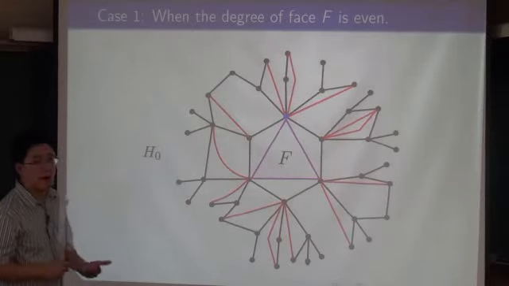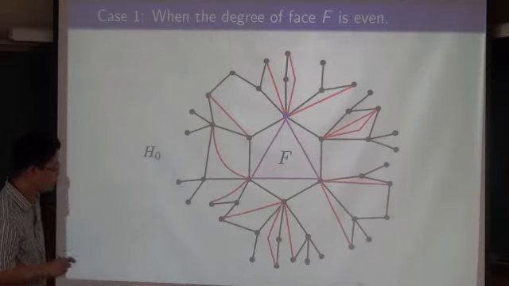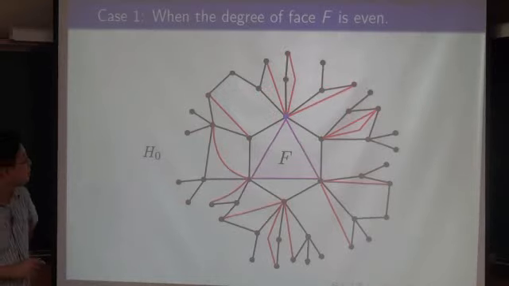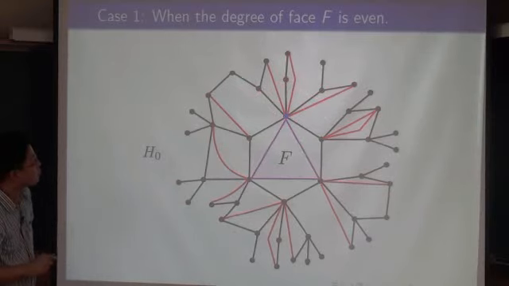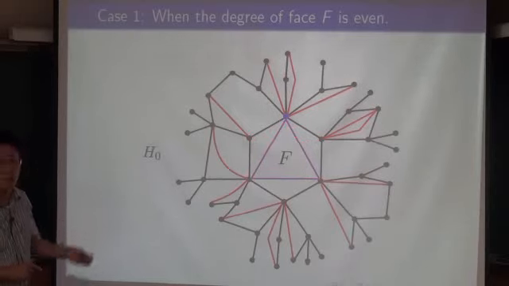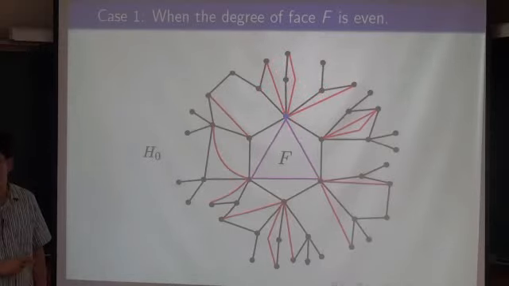And next, let's think about how many red edges of the neighbors of this vertex exist outside of f. For this vertex, there are 5 neighbors, right? 1, 2, 3, 4, 5. But 3 neighbors use red edges inside of f, right? So only 2 neighbors have their red edges outside of f, right?